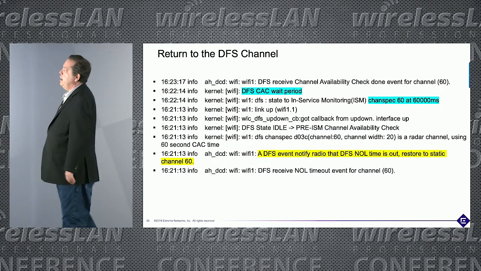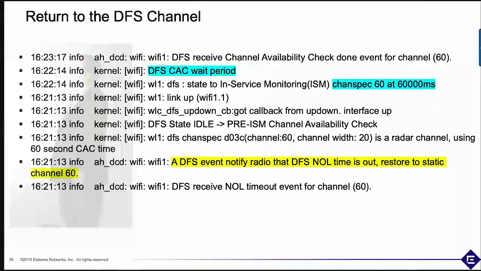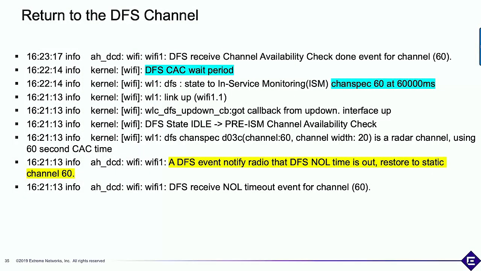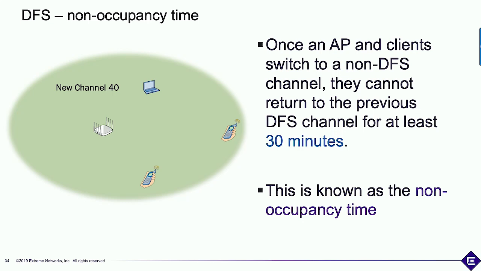Once again, I had an AP change, and its original channel was 60. If you look at the bottom, it's saying the non-occupancy time is over, we can go back to our original channel, and that's exactly what it does. It goes back to channel 60, but it has to wait a full 30 minutes before it can do that, and that is the rules.